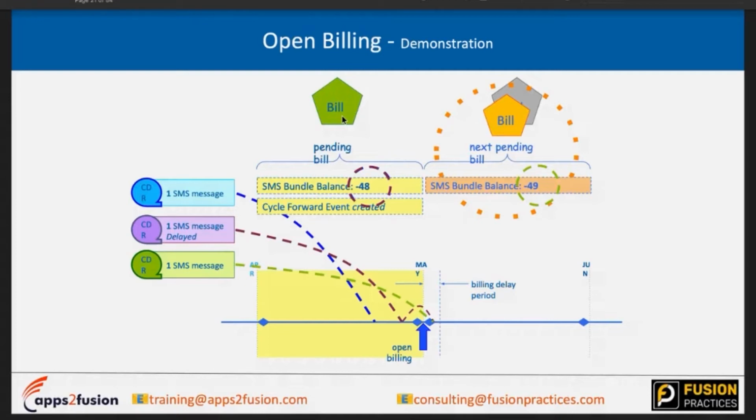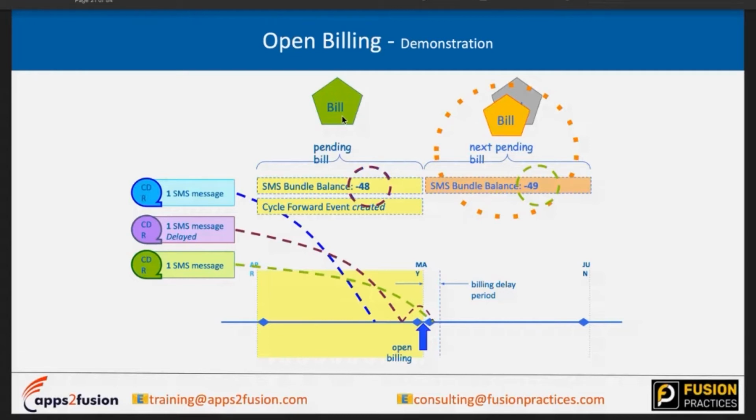But on the 10th at 00 hours, you will have a new bill. That is the orange bill that you see, the next pending bill. That next bill will be open, and then you will get a new counter of 50. That new counter will be minus 50, and any SMS usage that comes after 00 hours of the 10th will be rated from that particular counter, which is in orange.